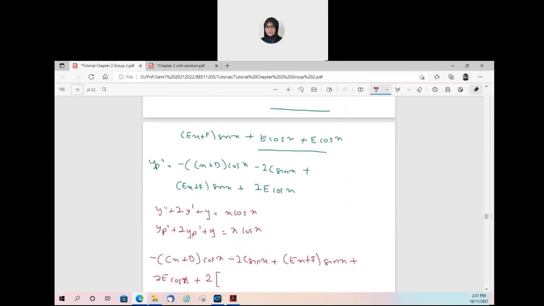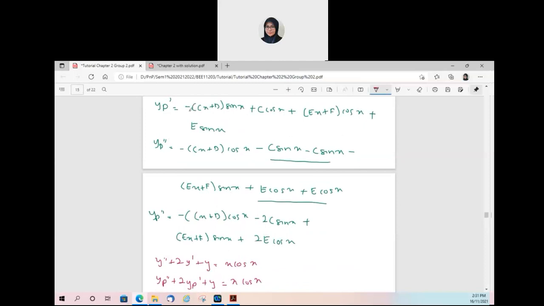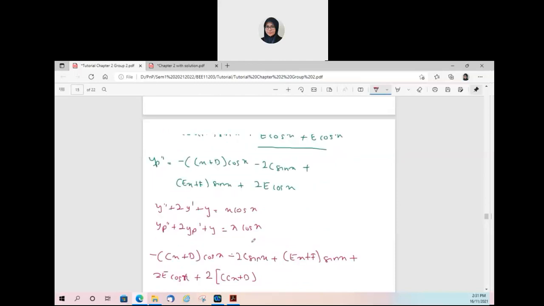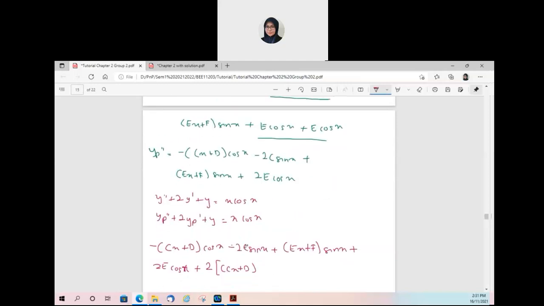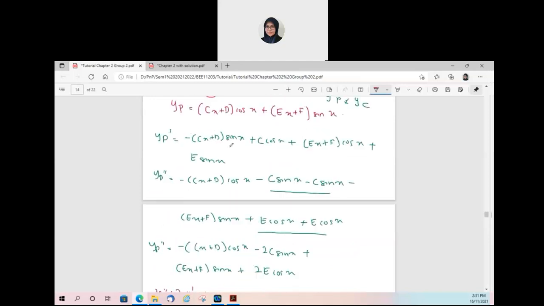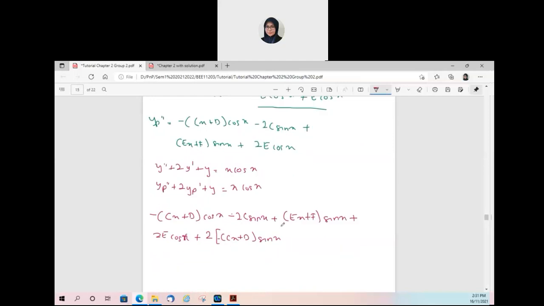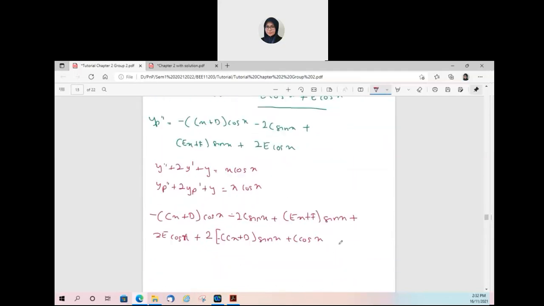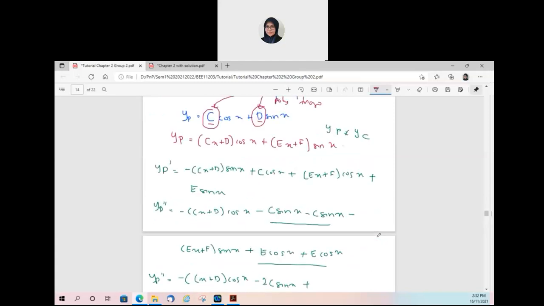Okay, so plus 2 yp prime is minus cx plus d, you have minus kat depan ni, sin x, plus c cos x, and then plus ex plus f cos x, and then plus e sin x.